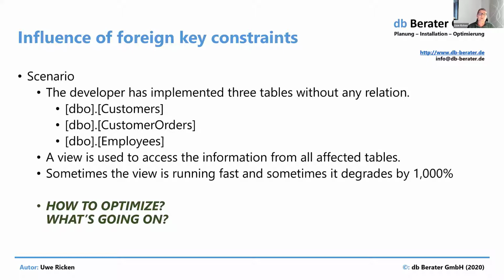The second one required in an RDBMS is that we have a relation between the tables, called foreign key relations. A foreign key makes sure that you do not have rows in an order table, for example, this is what I want to show you here, that you do not have an order with a customer ID where you don't have the customer for. And to prevent this, you're using foreign keys.